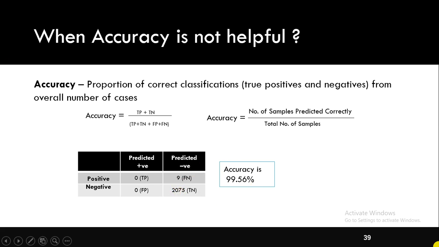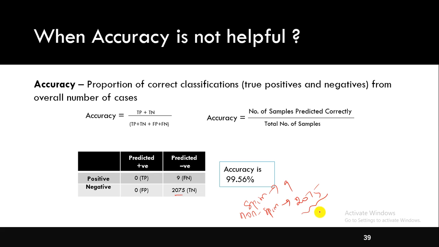What is imbalanced data? Here, how many spam emails are there, and how many non-spam emails? We can see that the total number of non-spam emails is 2075. And the total number of spam emails, if you see here, 9 plus 0 is 9.